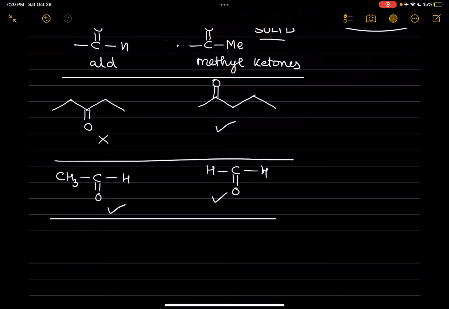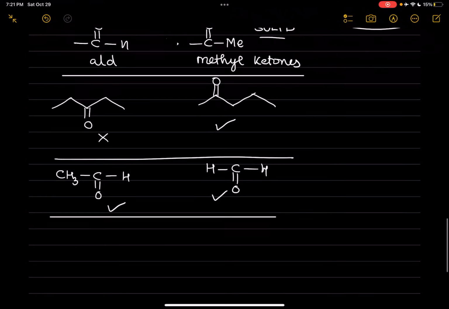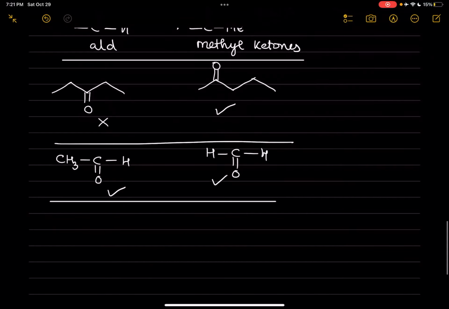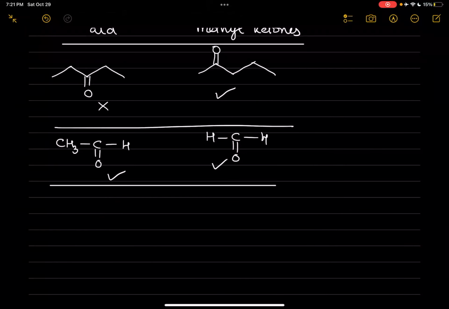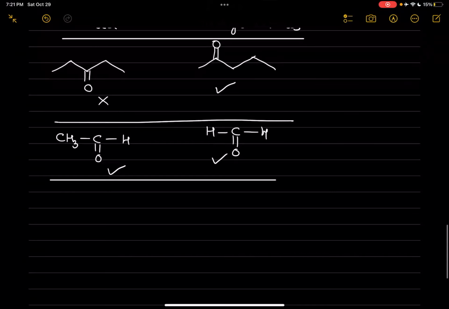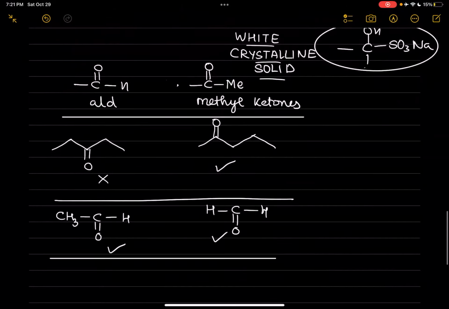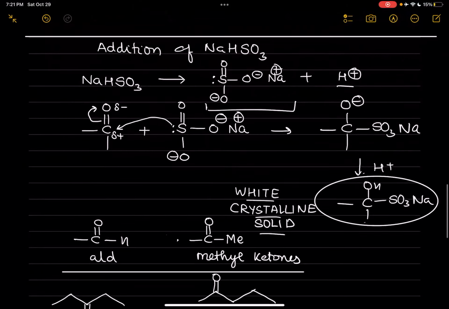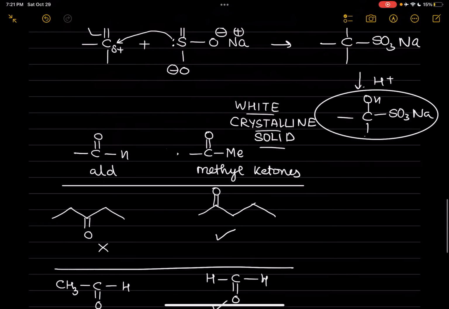But the upper one you can. Clear? Yes, sir. This is a very important test to distinguish.